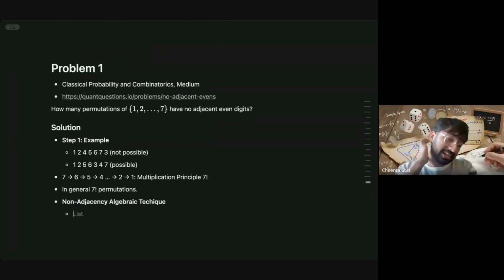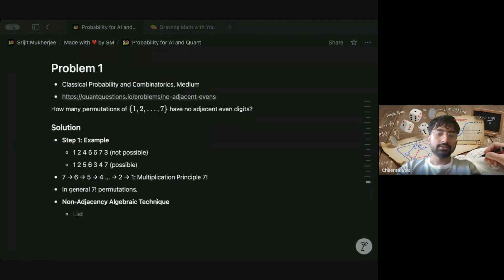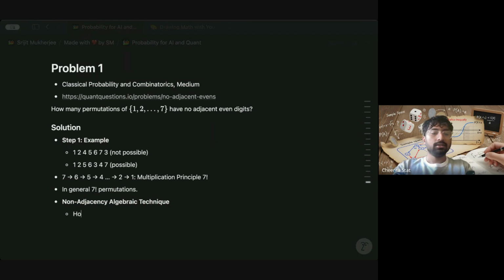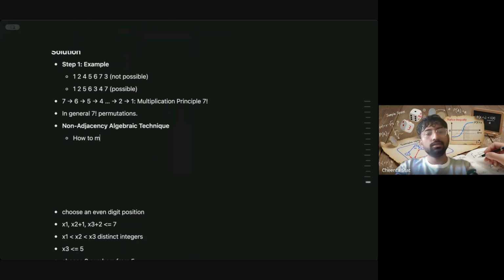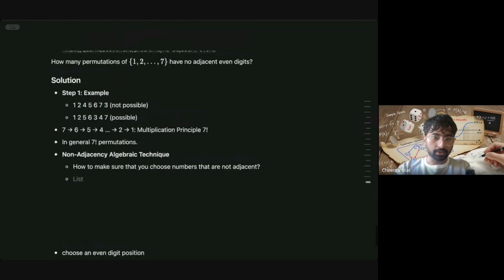What the technique says is: how to make sure that you choose numbers that are not adjacent.